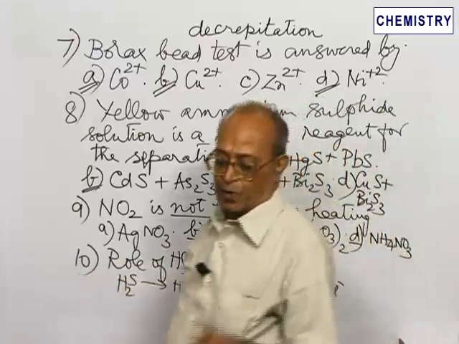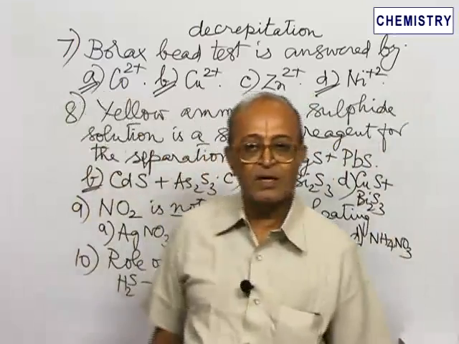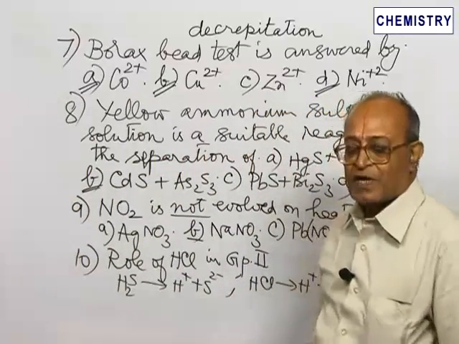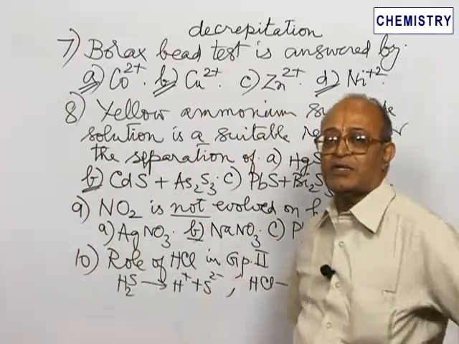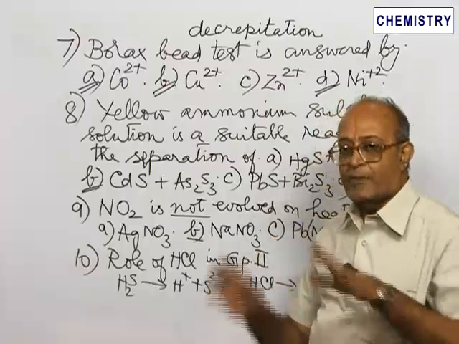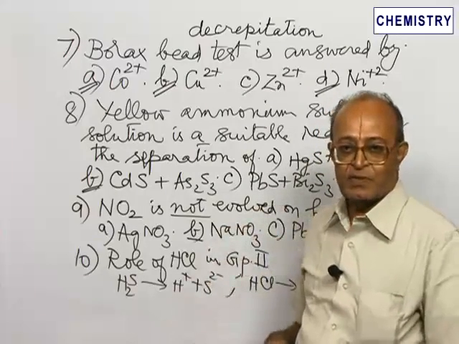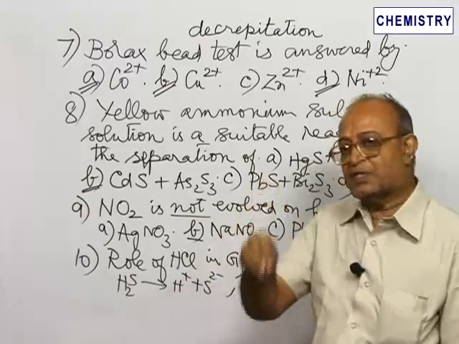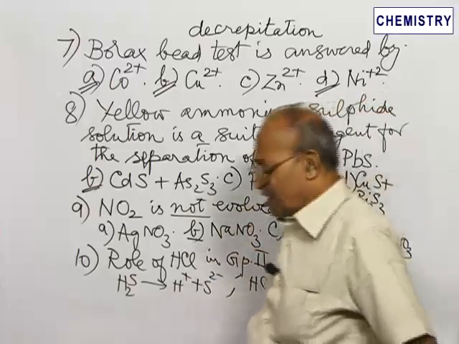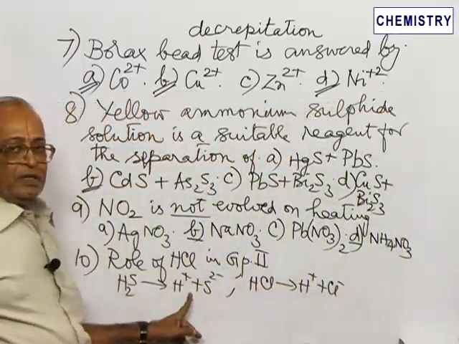In the second group of analysis, in qualitative analysis, in presence of dilute hydrochloric acid, we pass hydrogen sulfide. Now, what actually happens here? Of course, you should not say sulfides are precipitated, but what is the principle behind it? We assume that this ionization takes place.